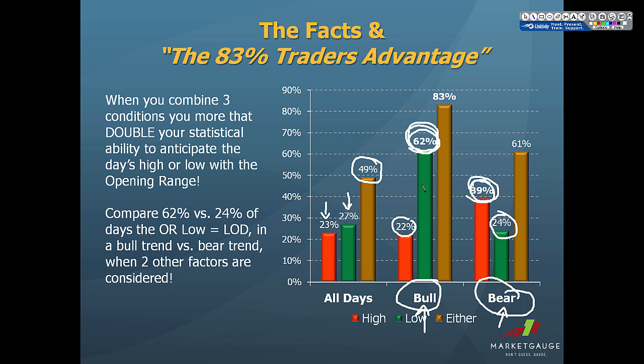There are several things that we look at the beginning of every day and actually before the market even opens to help determine whether we should expect that the high or the low of the day will happen in the first 30 minutes, whether it should be the high or whether it should be the low.